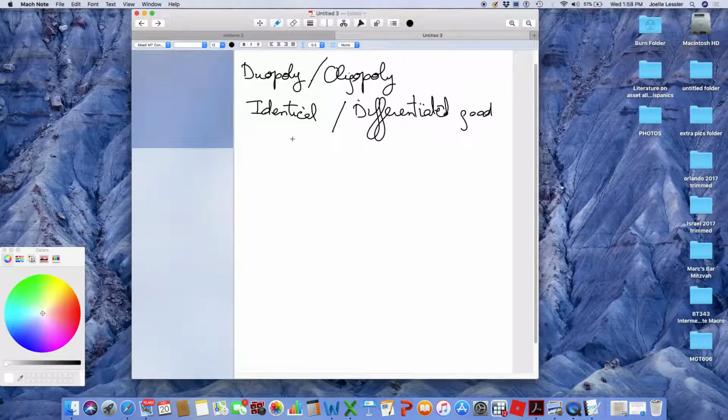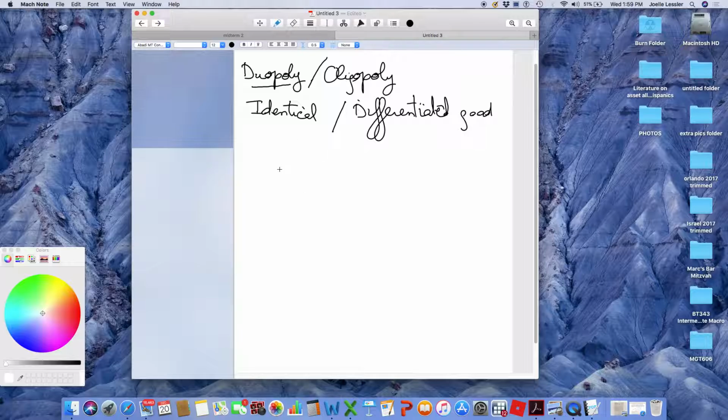What I went over in class is specifically the case where they're selling the identical good because it's much easier to get a handle on. You can have like 4 or 5 players in the market, but we're going to focus on the duopoly case because it's much easier to analyze a case where you only have 2 players. So we're going to focus on the duopoly where everybody's selling an identical good.